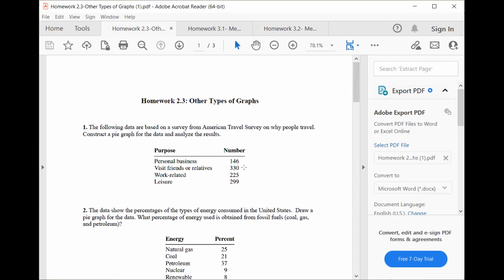For the total, the sum is 1,000. All right, so what did you get for the first percentage? Personal business. 0.146. Perfect. Then 0.33, perfect. 0.225. Okay, and then 0.299, right? Yes. Okay, good job.